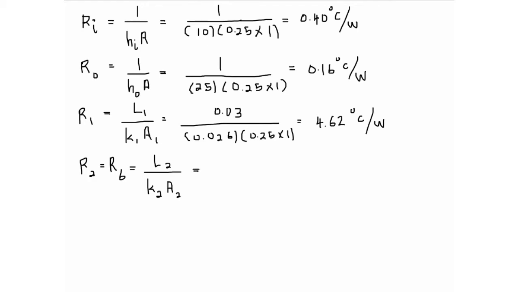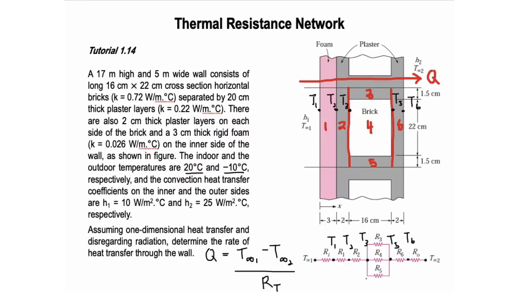Okay, thickness is 2 centimeter, so it means 0.02 meter. So now let's take a look at K for plaster, 0.22.